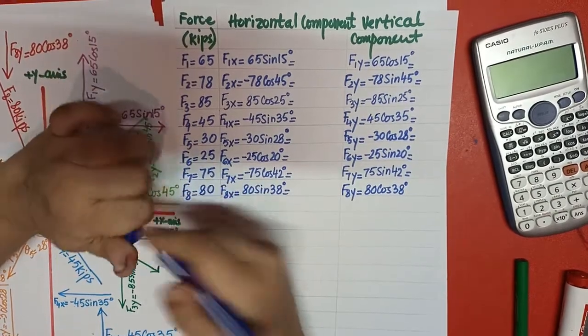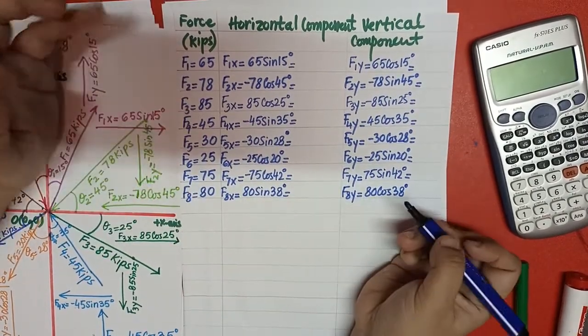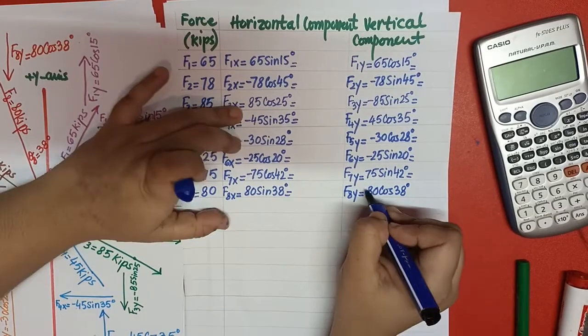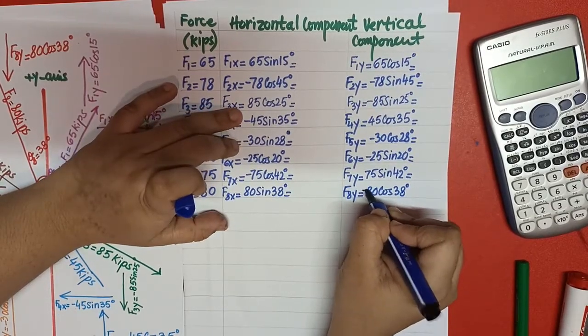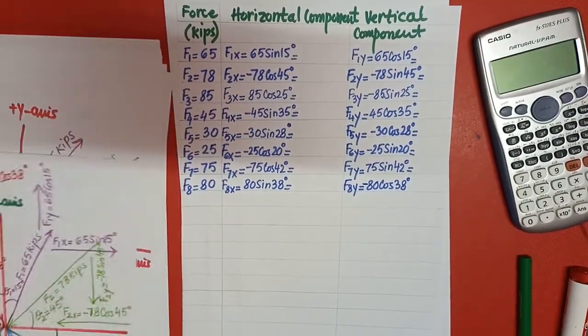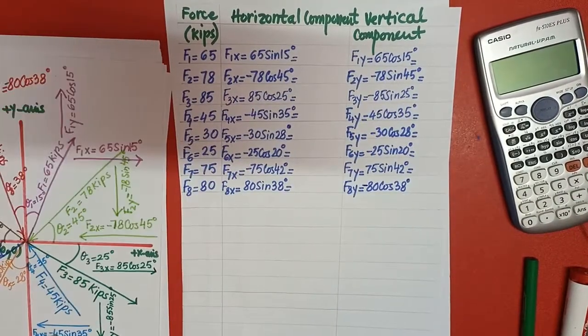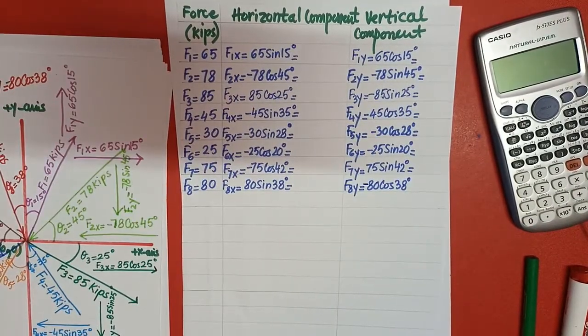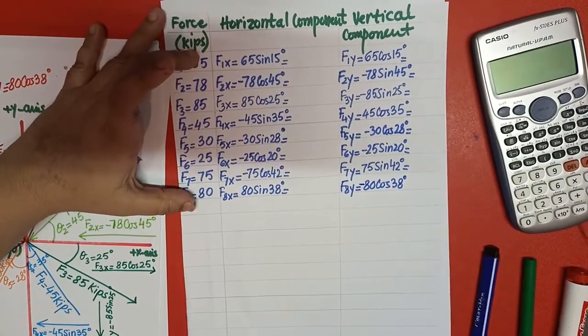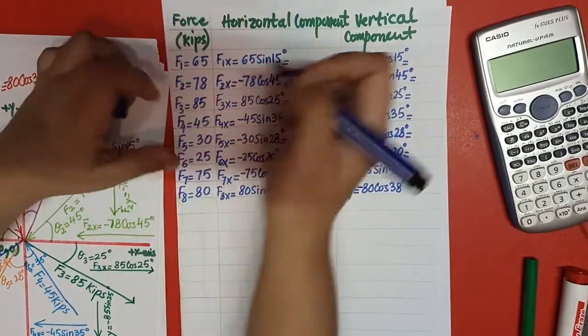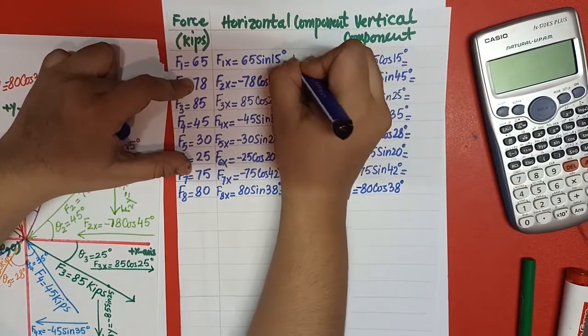Keep it in mind, F8y is in the downward direction, so it should be minus. So I should write minus here also. Just because of a single mistake of minus and plus, it will make a problem for you, so the answer will be incorrect.